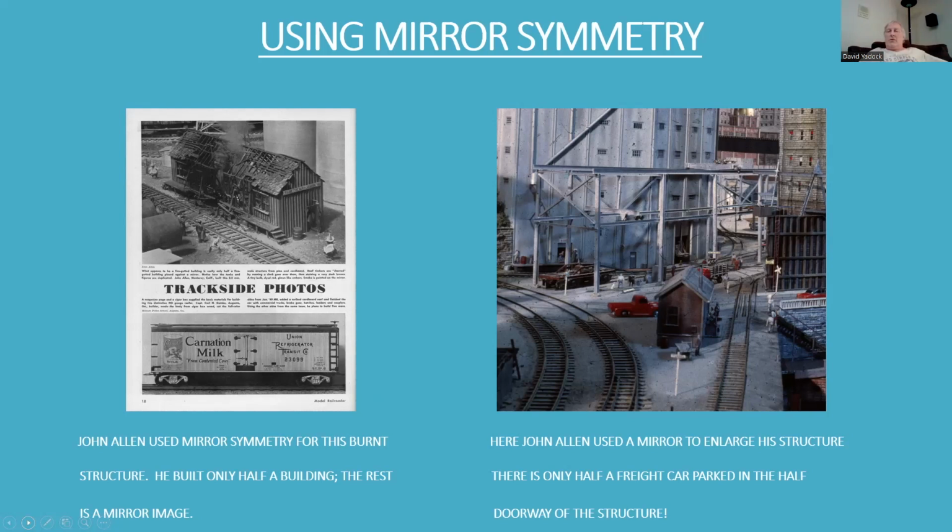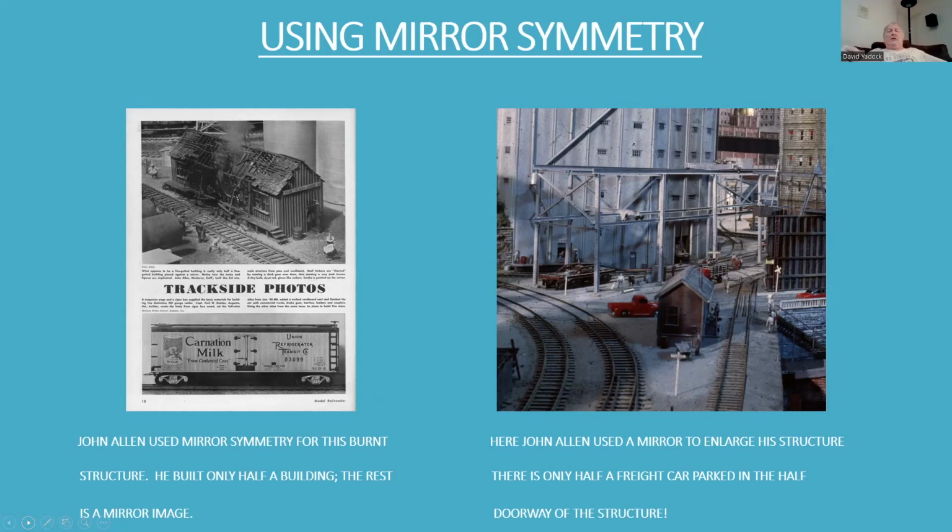Now, the problem with mirror symmetry is that if it's at an odd angle, it's going to reflect at an odd angle, or if it has lettering, it's going to be reversed, because technically it's a reverse image. That's the key: you have to remember it's a reverse image, so you have to correct for that and plan for that.